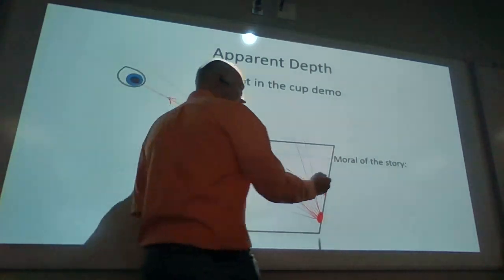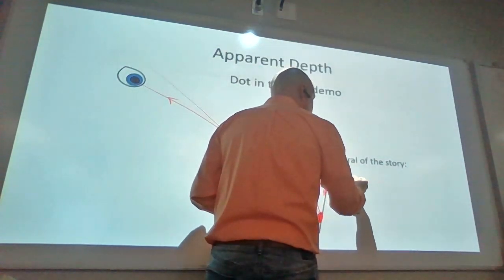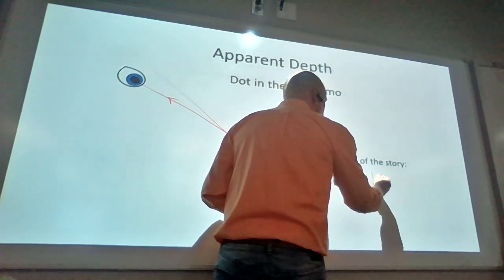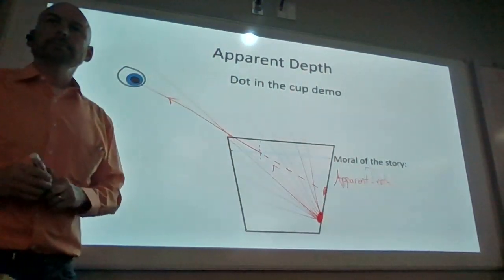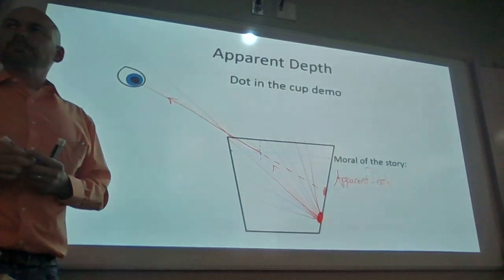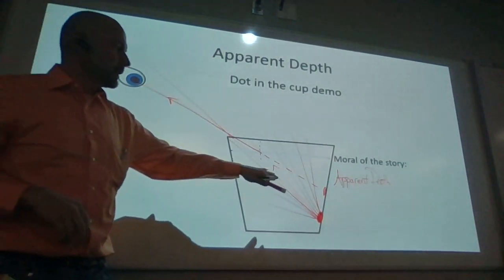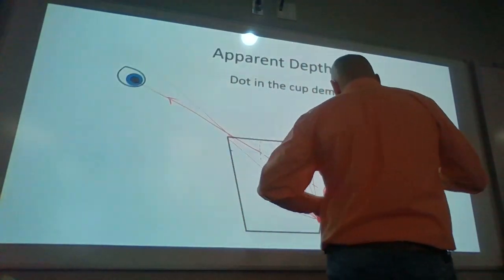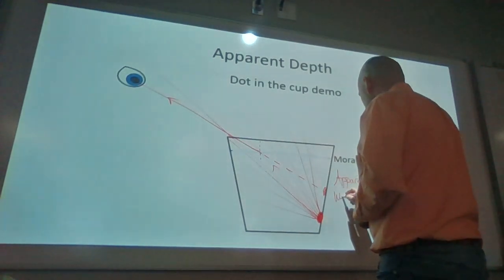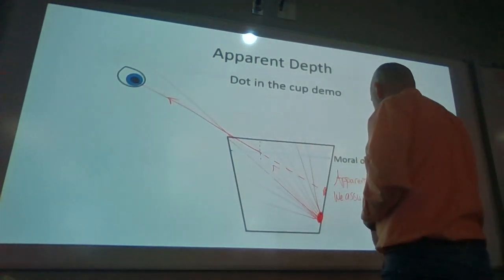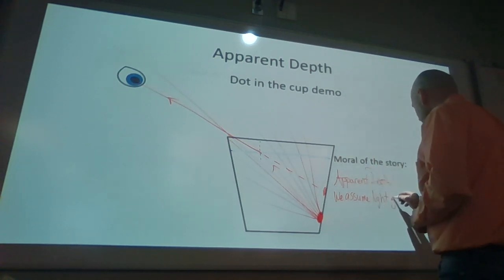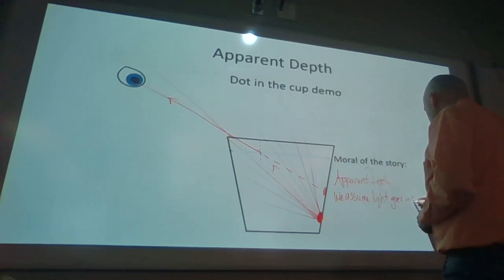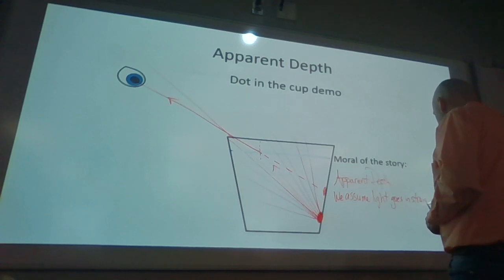This is known as apparent depth. Okay? You think you see the dot located right there because we assume light goes in straight lines or in straight paths.